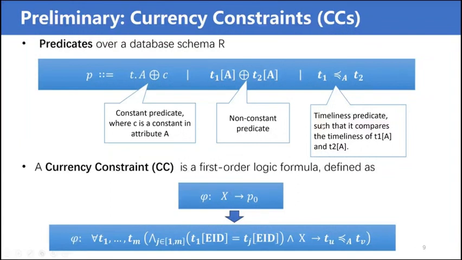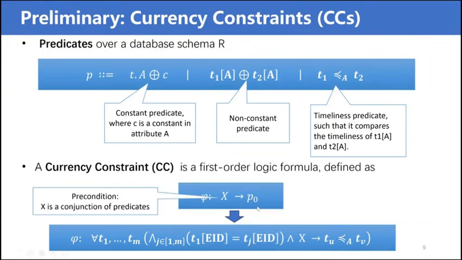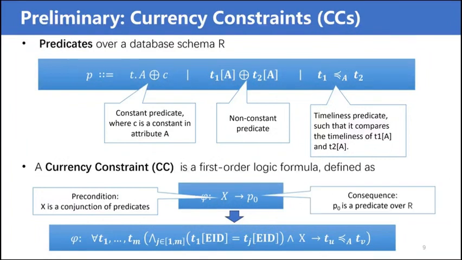After the definition of predicates, we can now define our timeliness rules. We call it the currency constraint, which is CC for short. CC is a first-order logical rule defined as X deduces P0. Here, X is a precondition, which is a conjunction of the predefined predicates, and P0 is a consequence, a single predicate over the database schema R. In particular, we have M tuple variables.